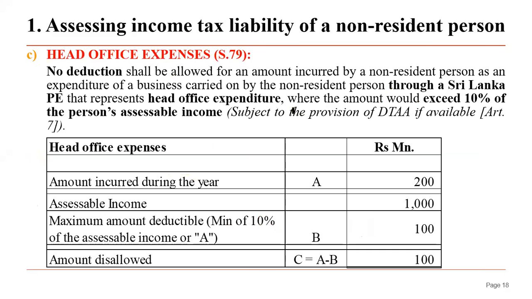So then again, from the non-resident perspective, another important adjustment is the head office expenses, because this is again related to DTA. Some DTAs allow the head office expenses entirely, but some DTAs do not allow head office expenses. It is subject to the local law.